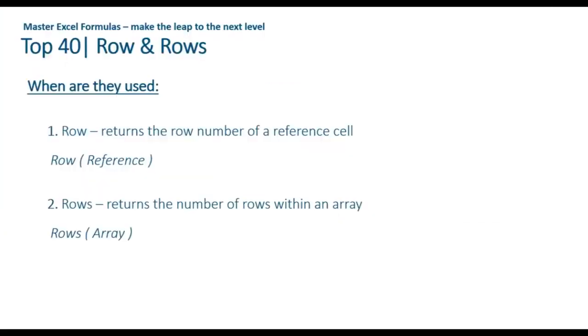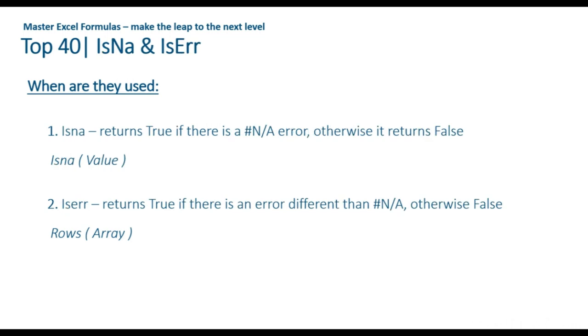Okay, so going back to the presentation now, I want to show you a few formulas that identify errors, and based on what error is identified, they return true or false. ISNA is a formula that returns true if there is an NA error in Excel, otherwise it returns false, and all we need to do is select the cell or a value.